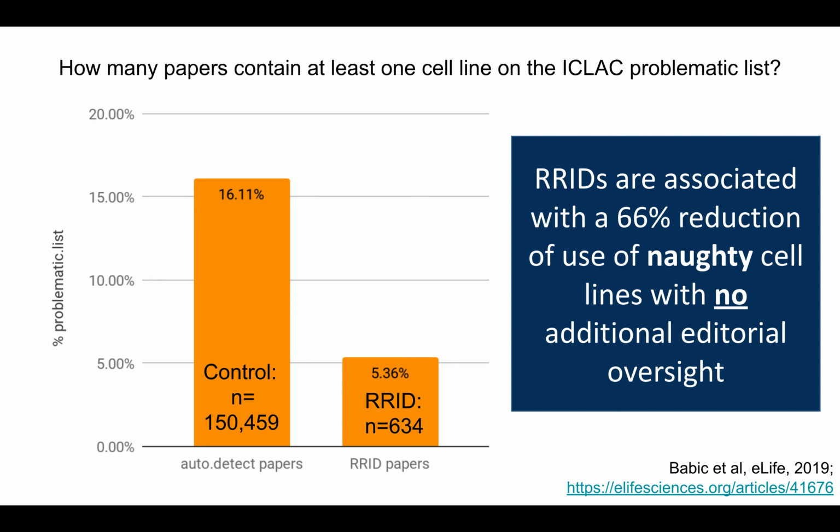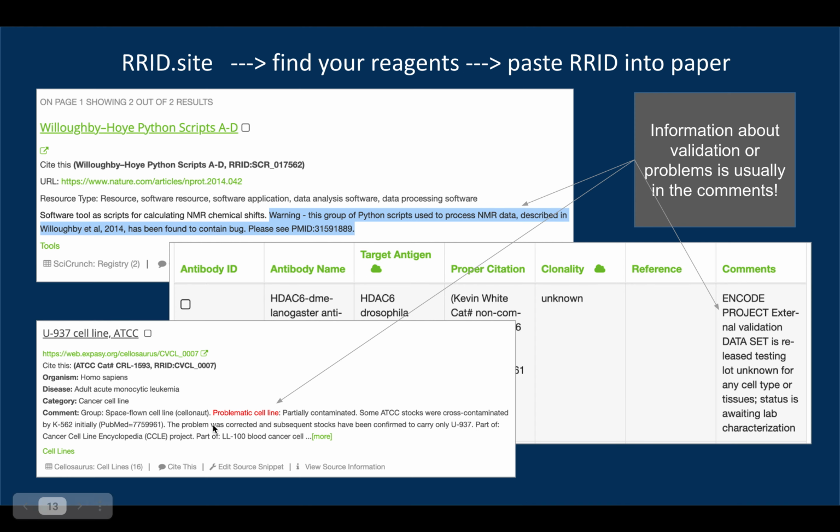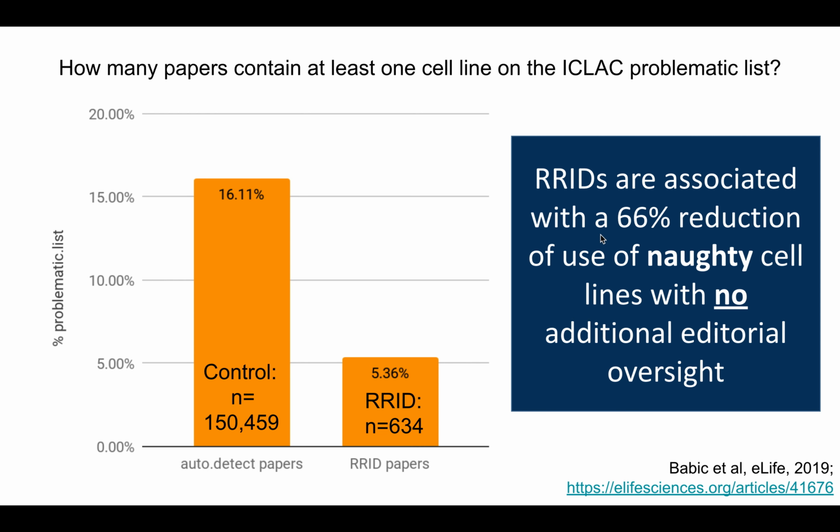And by the way, the note wasn't red. We recently turned it red to make it more obvious. But during that study, the note wasn't red. It was just all black text. And it seemed like there was a 66% reduction of the use of these naughty cell lines without additional oversight.